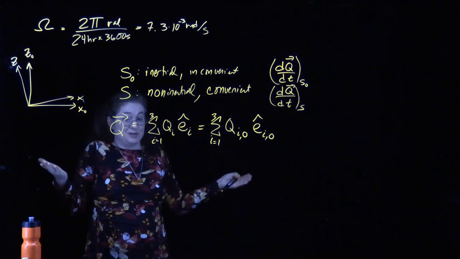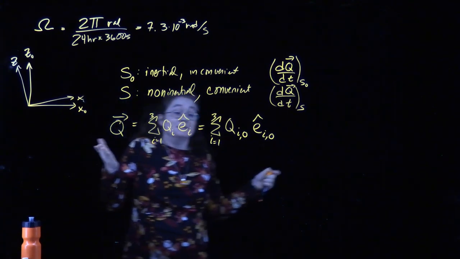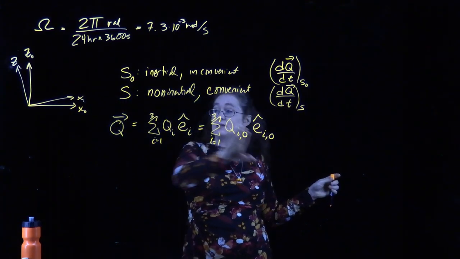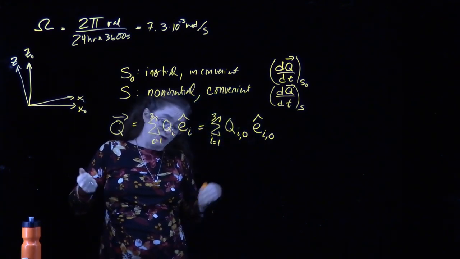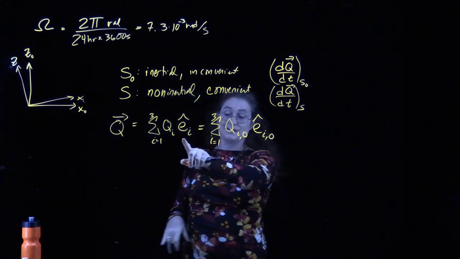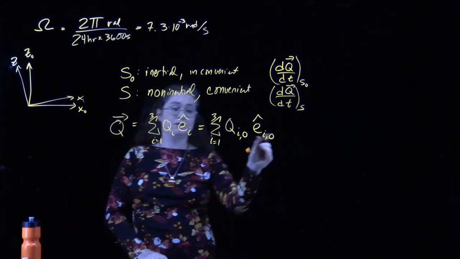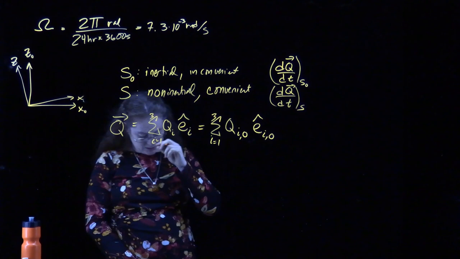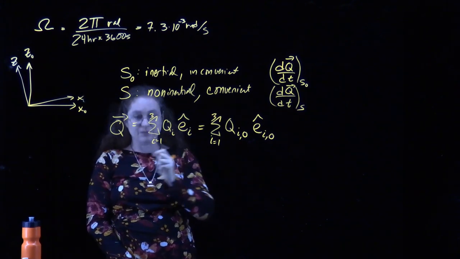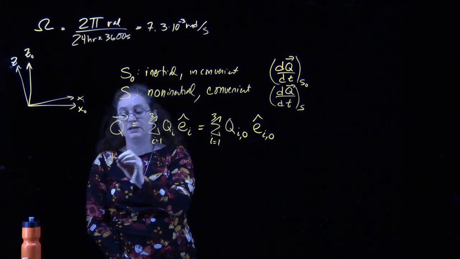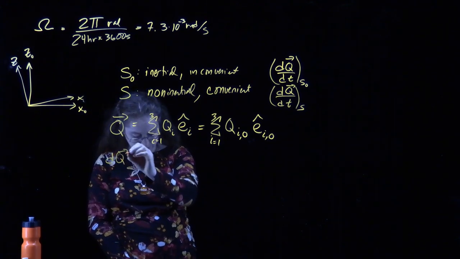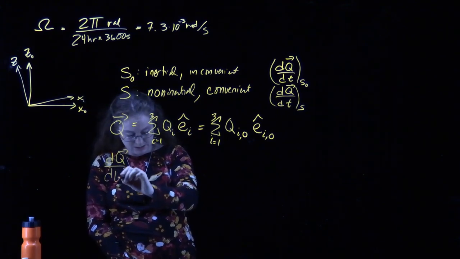So you could use any basis you want, but when you're fixing them to the inertial reference frame, they're constant, whereas these guys are not. So we're going to do the time derivative, and this side is relatively easy. So dq dt.